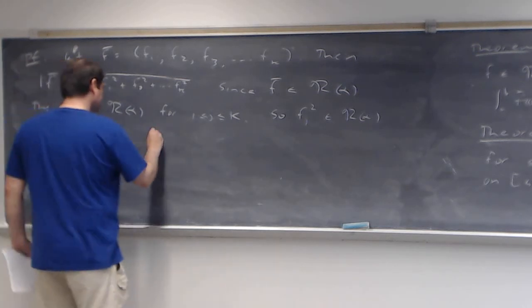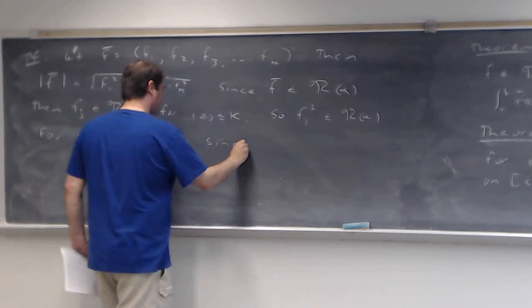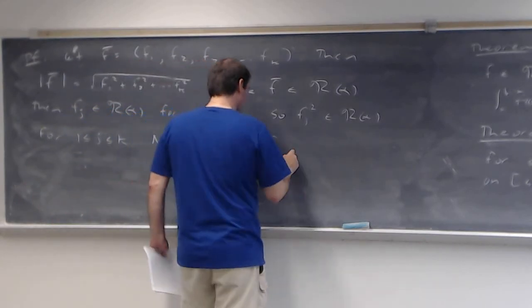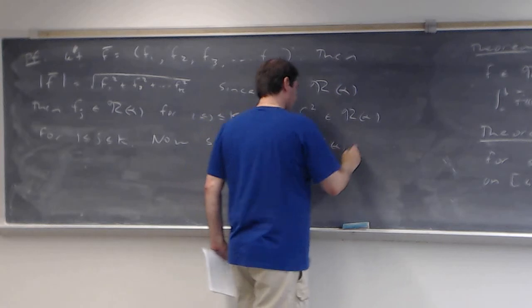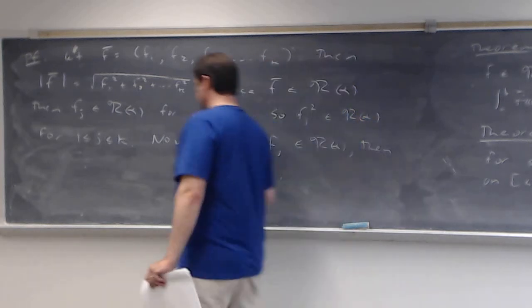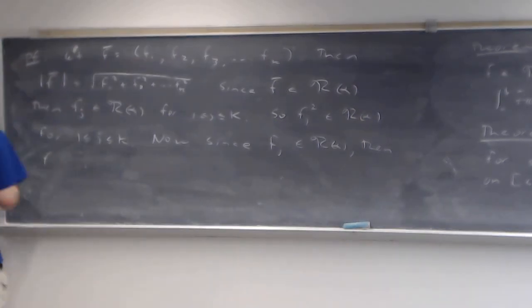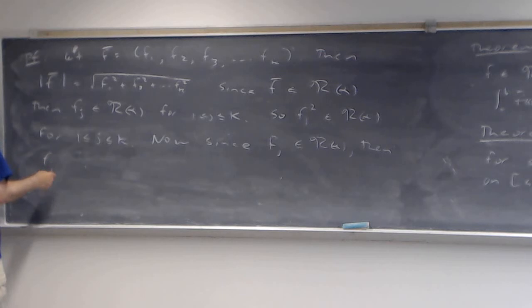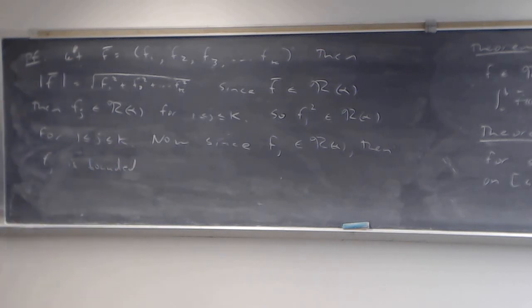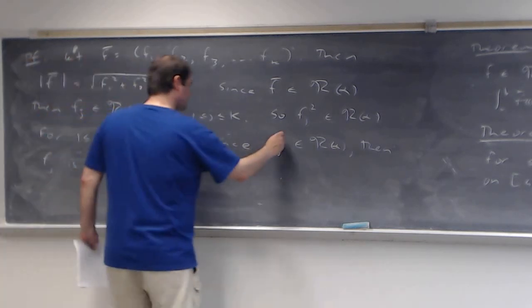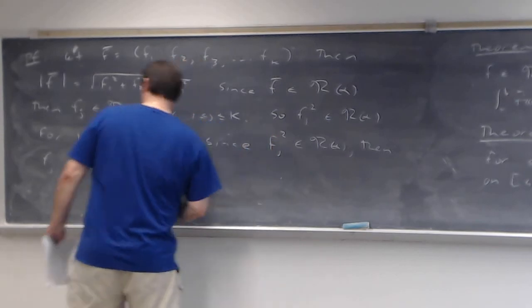Now, since f sub j is Riemann-Stieltjes integrable, then f sub j is bounded, and let's say it's squared.